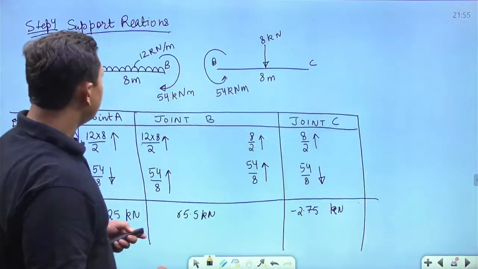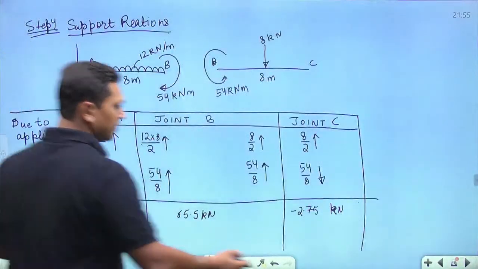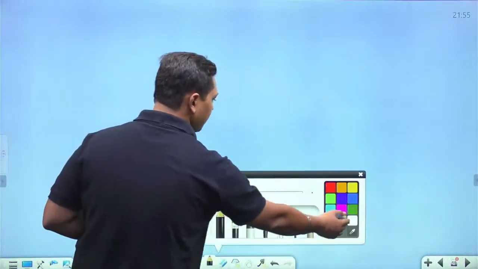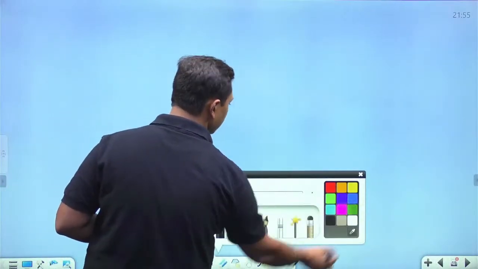Now it is okay. Now let us draw the final diagram to draw the shear force and bending moment diagram.